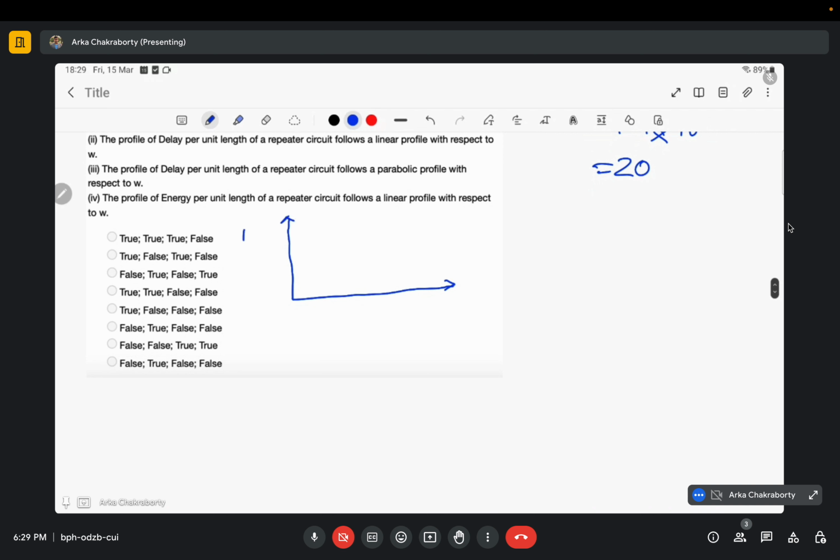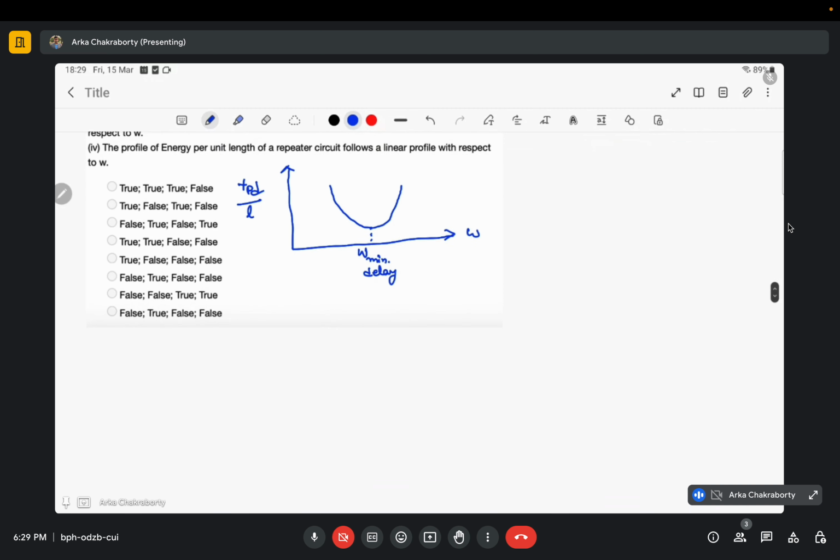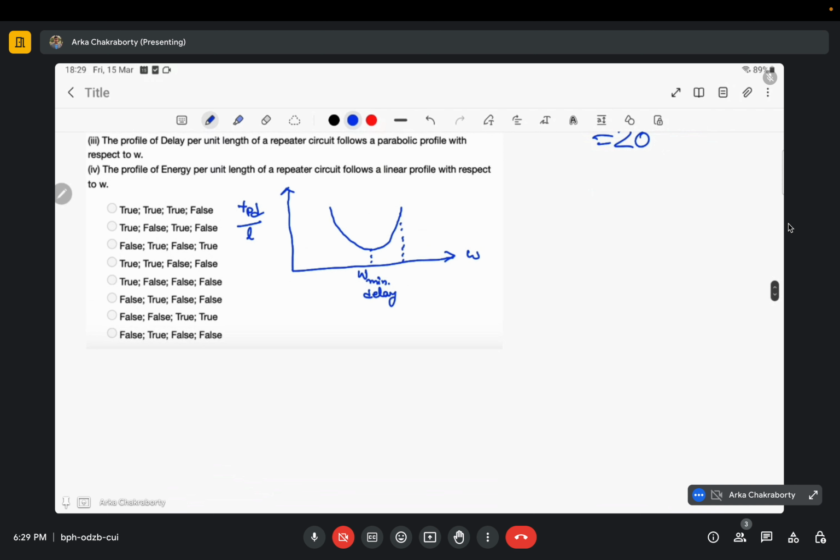Basically the curve for the propagation delay per unit length is given as something like this. It was a parabolic curve, right? This represents the minimum delay case, this one represents twice of W of minimum delay, and this represents W minimum delay by 2.